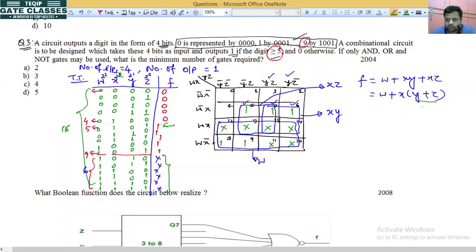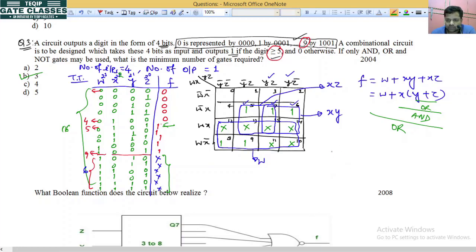So this is 1 OR gate, then we perform ANDing, and then again ORing. So the answer is 3. Total how many gates are required? 3.